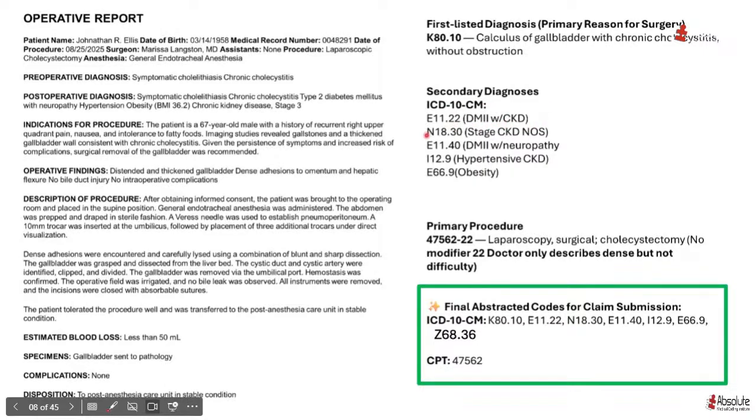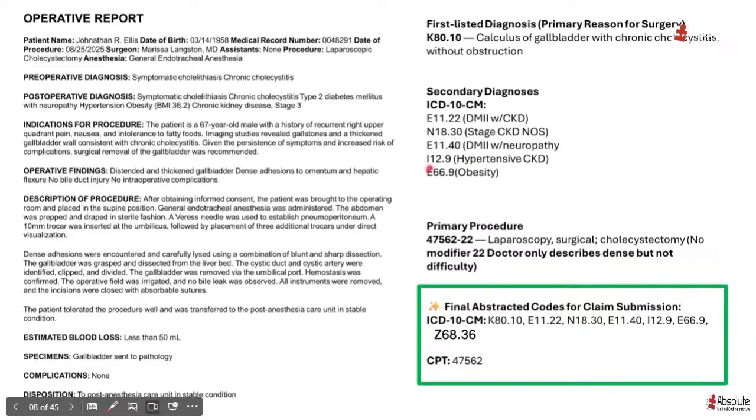I'm also coding CKD, not otherwise specified. He didn't specify the stage of the CKD, like they further classify them A, B, C, etc. So that's why it's NOS. Also, I coded E11.40, diabetes mellitus with neuropathy.